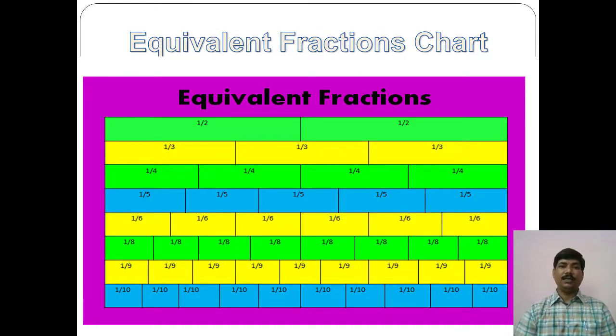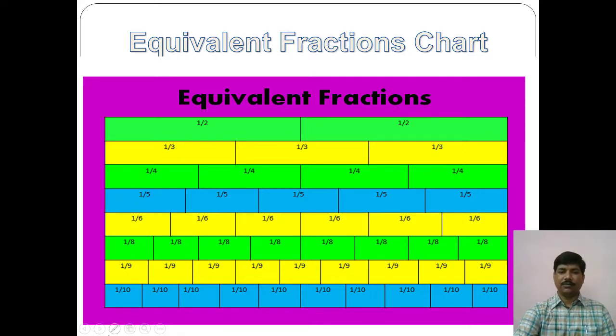Now we can easily understand equivalent fractions by the equivalent fraction chart. Look at the equivalent fraction chart. Here these are the rectangular strips 1, 2, 3, 4, 5, 6, 7, 8.